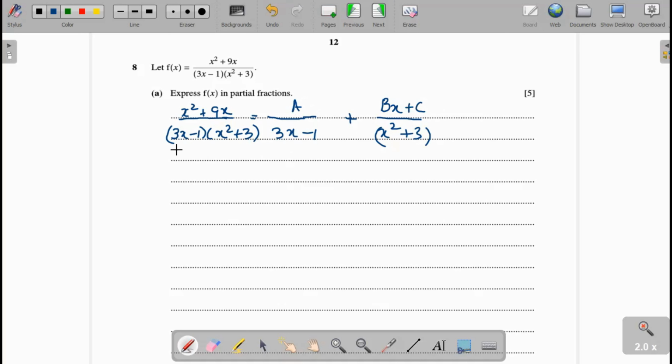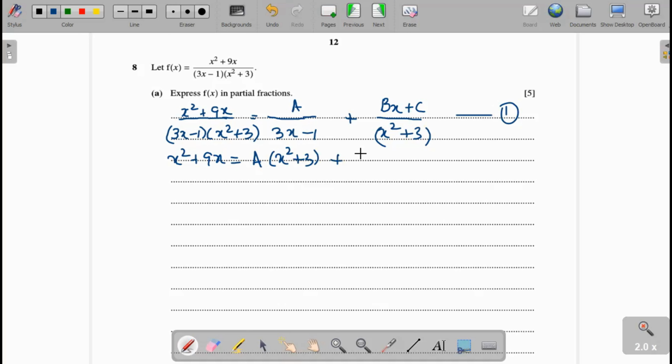Firstly, we multiply the equation by 3x minus 1 into x squared plus 3. Now we multiply this and we get x squared plus 9x equal to a times 3x minus 1 into x squared plus 3. Now we get x squared plus 3 because 3x minus 1 cancels.